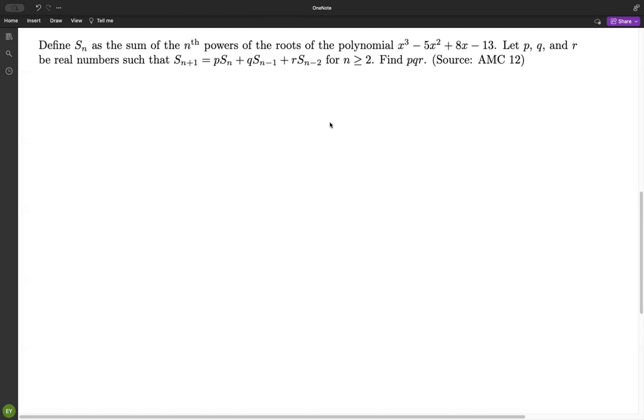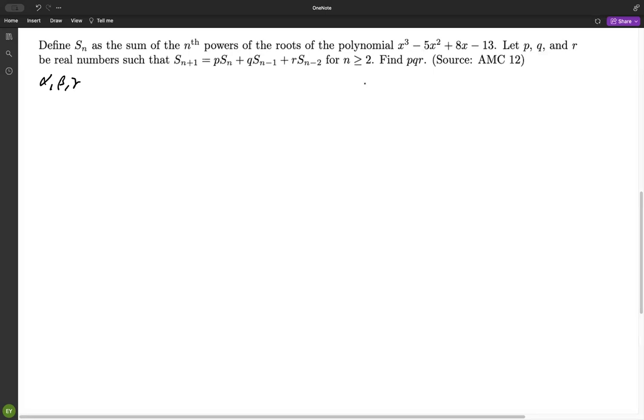So yes. Define S of n as the sum of the n powers of the roots of the polynomial. Because we have to know the relationship between S of n and the polynomial, why don't we let alpha, beta, and gamma be the three roots of this polynomial?